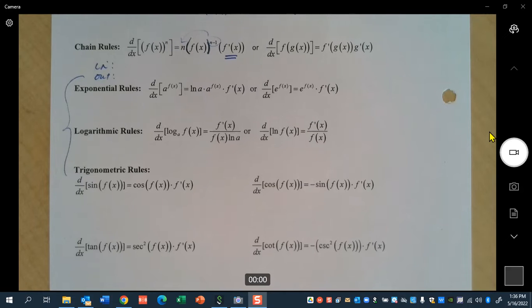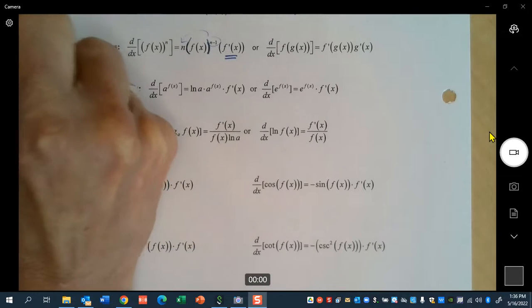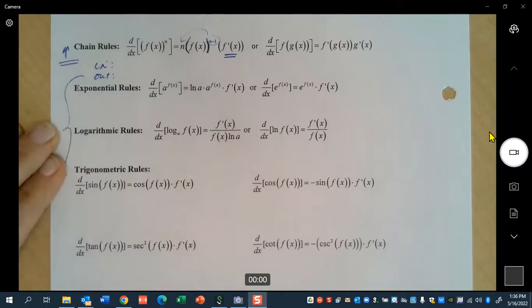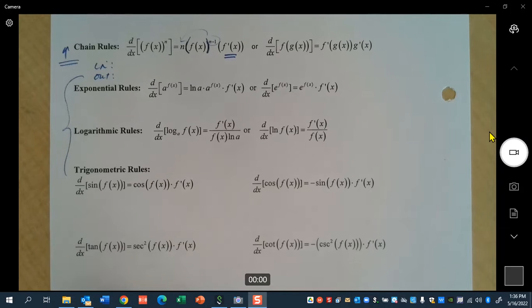For the final, you'll have a sheet with these on them. So anything that's on that back chart, your trig, your log, natural log, and exponent, we'll go ahead and give you those. So what you need to know for the final is everything on up. Sound okay?